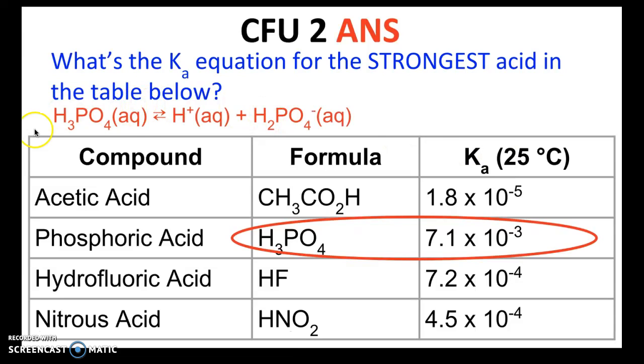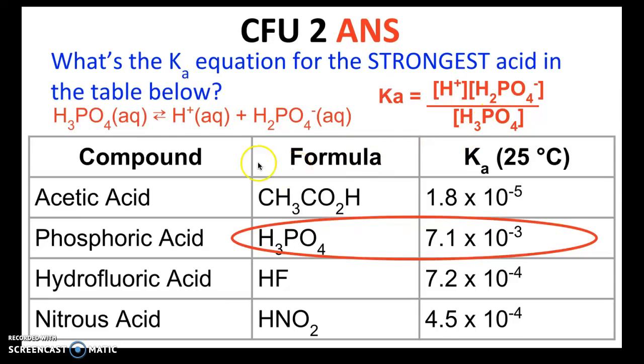And remember, for polyprotic acids, we ionize them 1 proton at a time. So this would be the ionization of H3PO4. It breaks down to H plus and H2PO4 minus. Now, for our K expression, it's going to be the products over the reactants, their concentrations. And so we just go ahead and plug those into the expression.